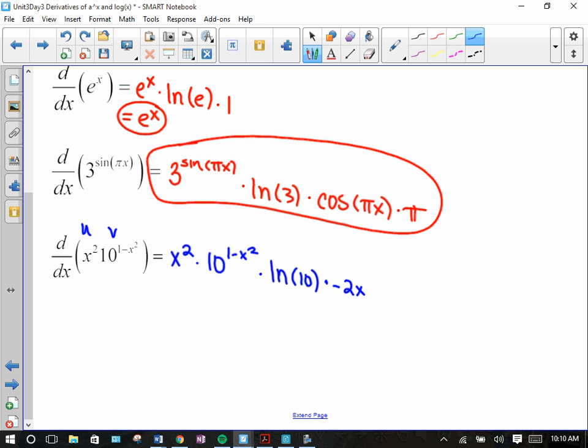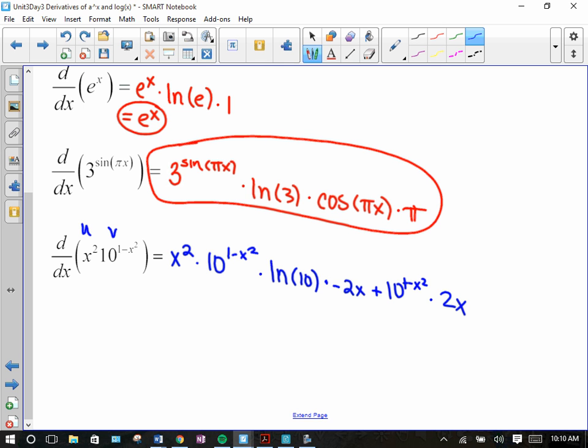Alright. Now I add v du. So it's going to be 10 to the 1 minus x squared power times the derivative of x squared, which is 2x. So what do I get here?